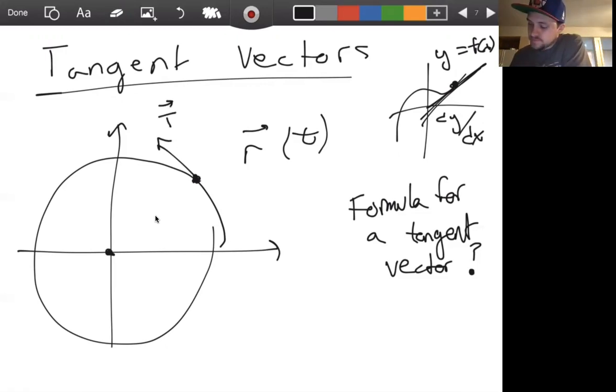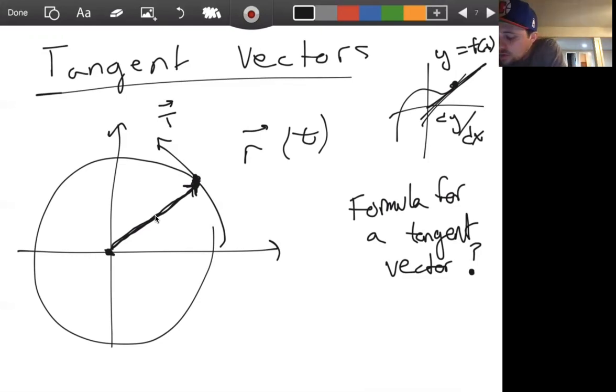Well, we need a vector that is orthogonal to r of t. And by the previous property, if r of t dot r of t is a constant, then the dot product of r of t and r prime of t is 0.